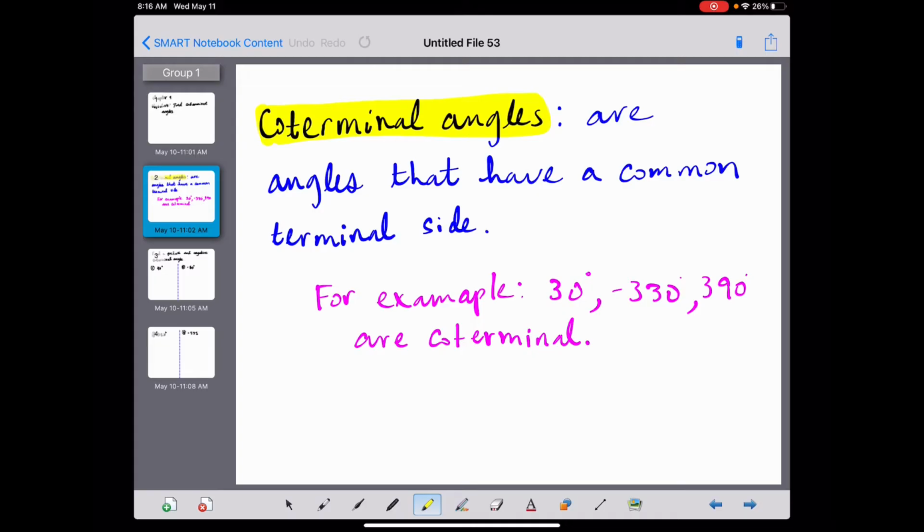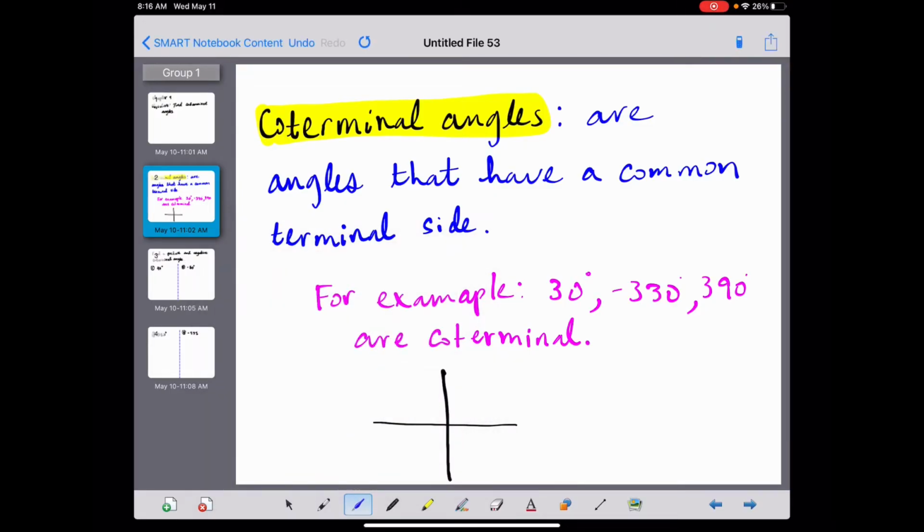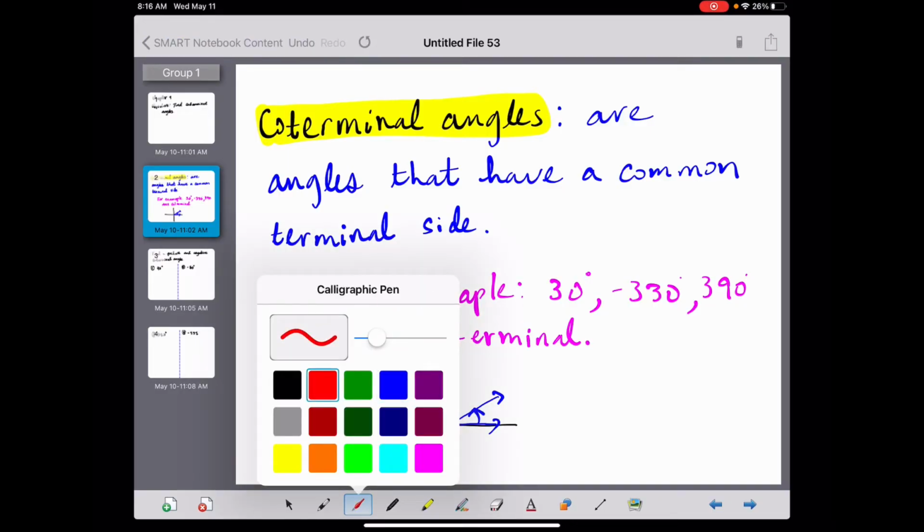So I'll draw you an example so that you see, okay? Let's say you're going to draw 30 degrees. So 30 degrees looks like this. From here to here is 30 degrees, right? And if you were to draw negative 330 degrees, I'm going to use a different color, red.